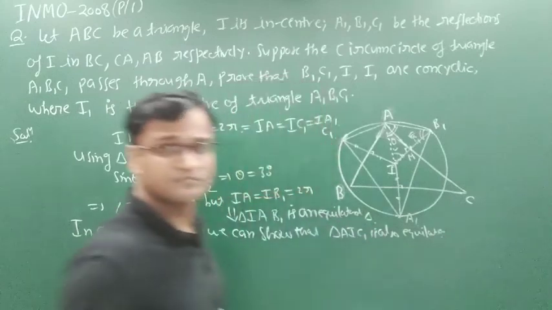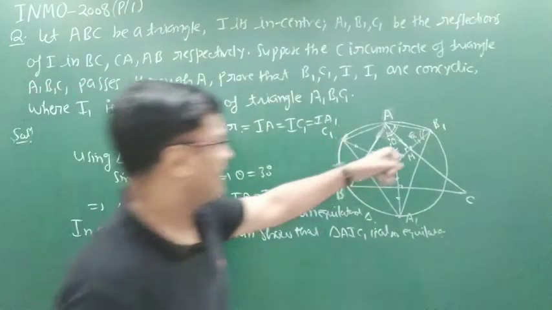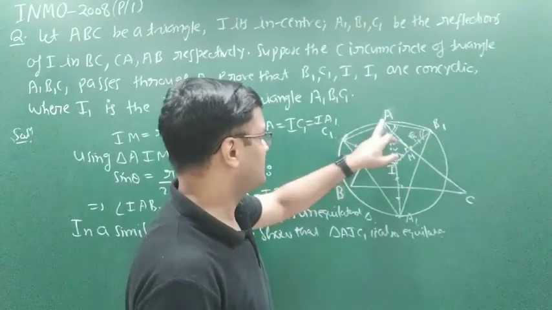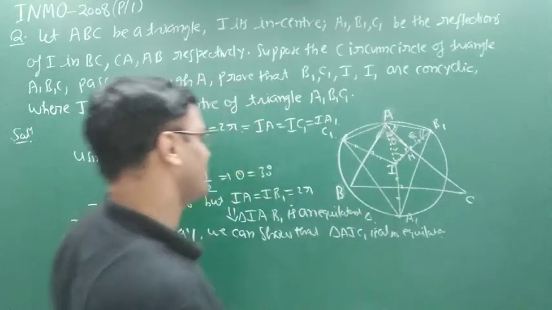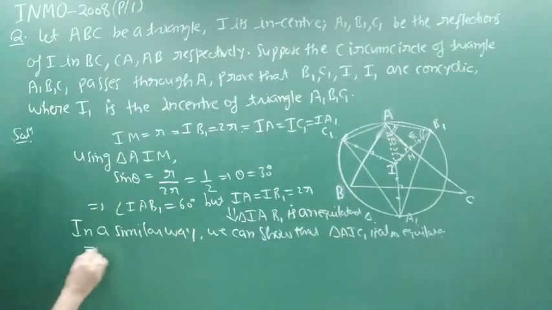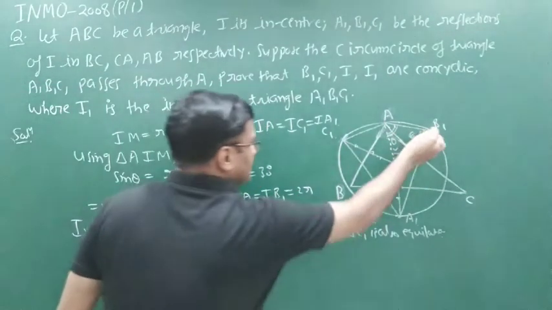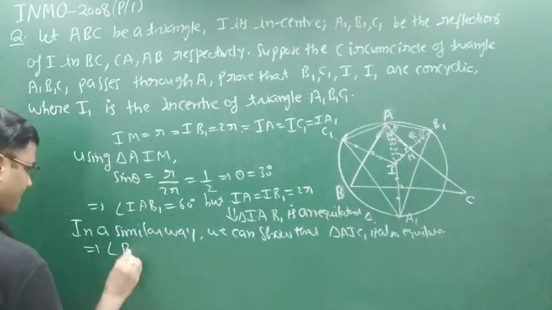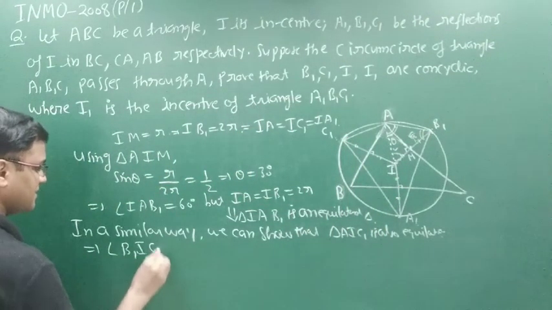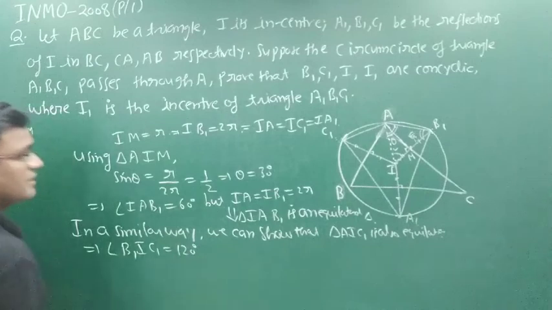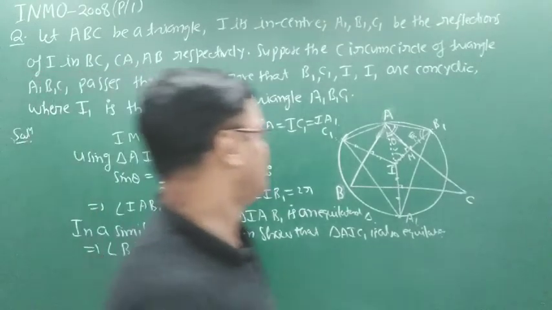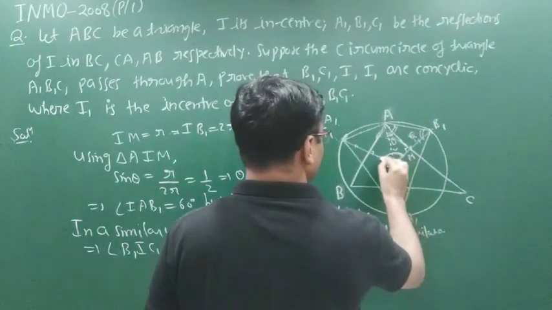If these two triangles are equilateral, they have a common side AI. Therefore, angle B1IC1 is 120 degrees.